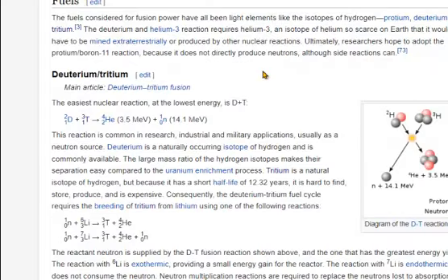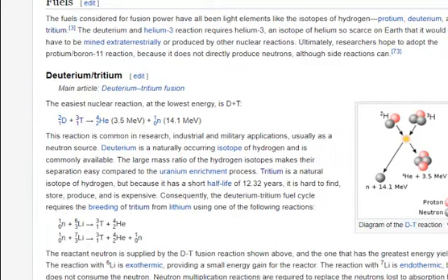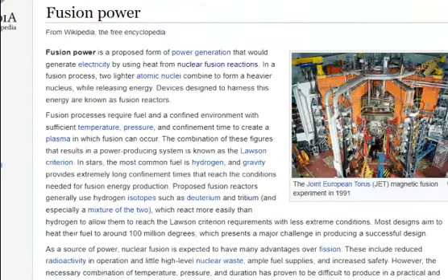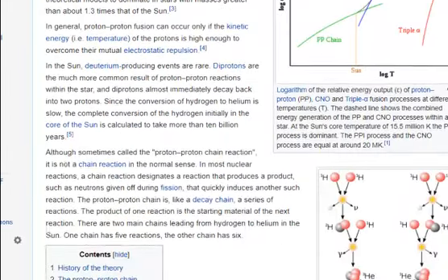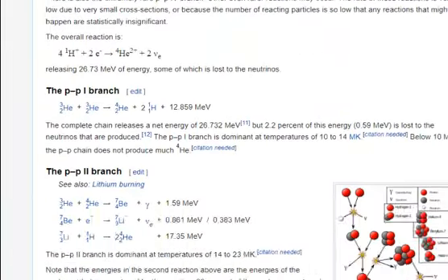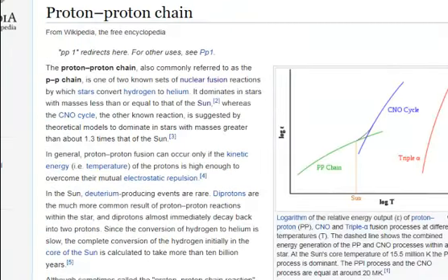So this is where I got the diagram for the nuclear fusion inside a nuclear reactor. And this one here is the typical proton chain in a star, and there are other chains as well, like it says, the C and O cycle. You can see that here. That depends on the star. All right, that's what I wanted to cover here.